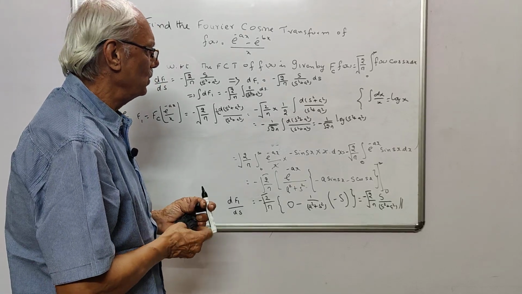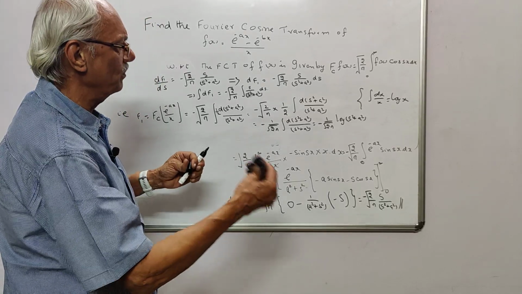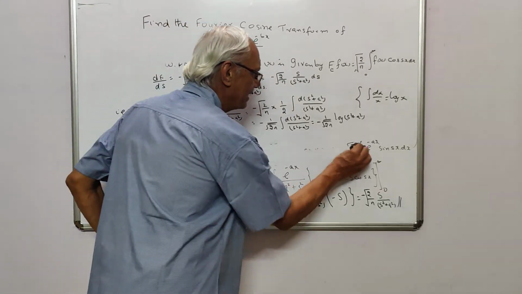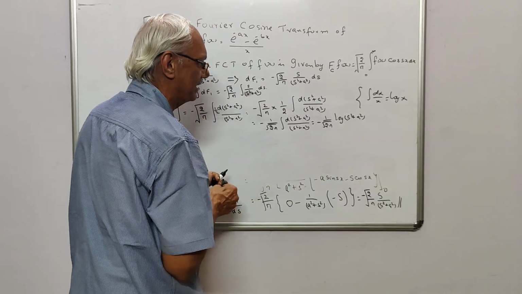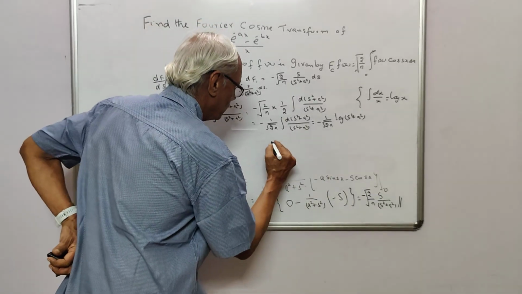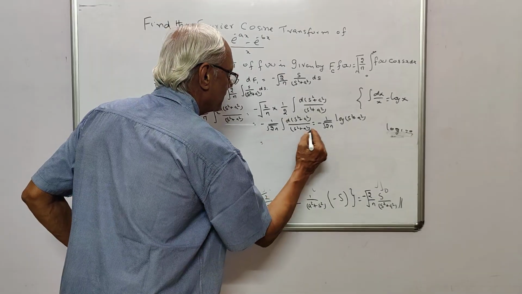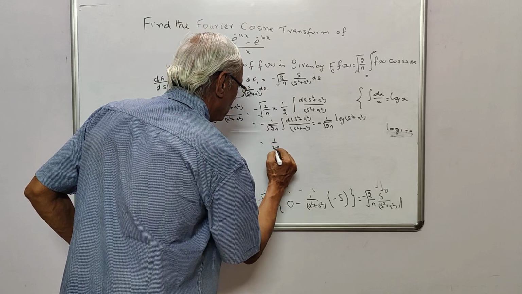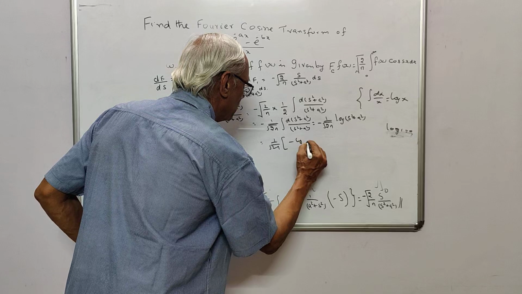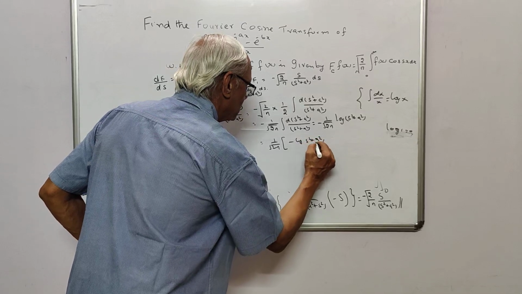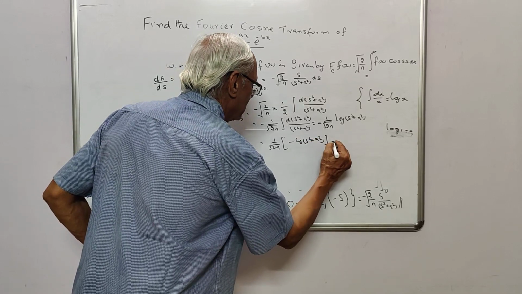Now you see that you can do some more manipulations on this, and I can rewrite this as 1 by 2 pi into minus log of s squared plus a squared.